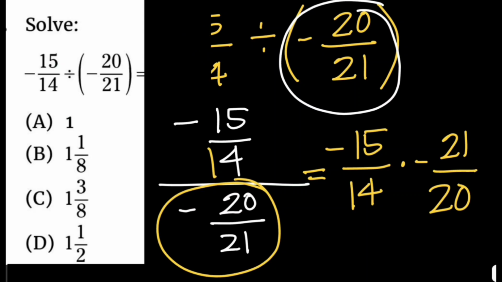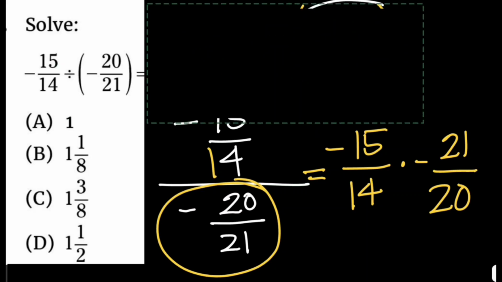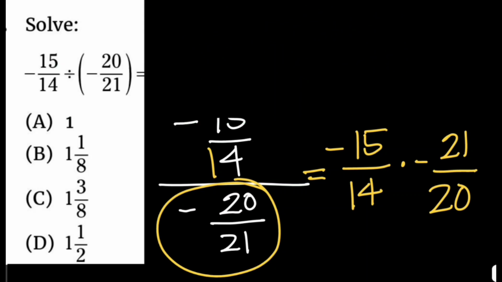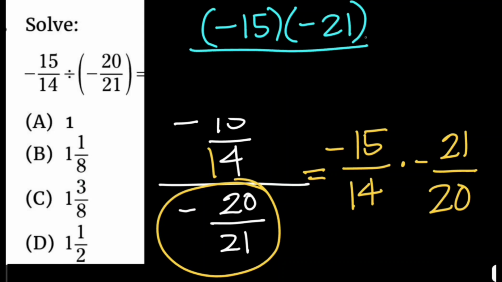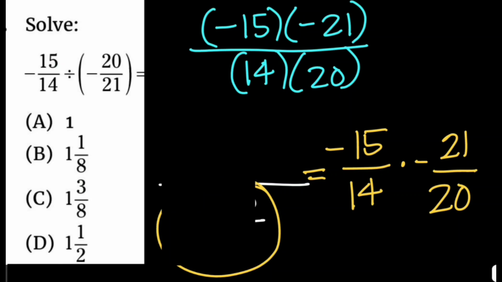Then we multiply the numerators and then the denominators. So we multiply negative 15 times negative 21 over 14 times 20.